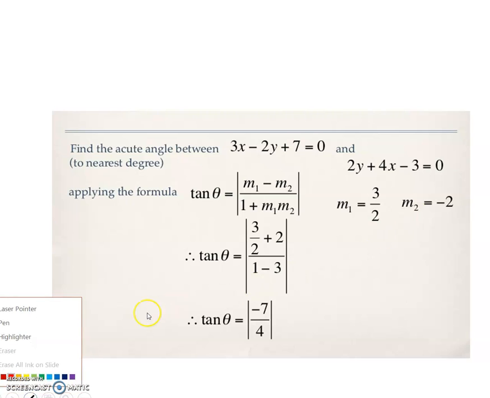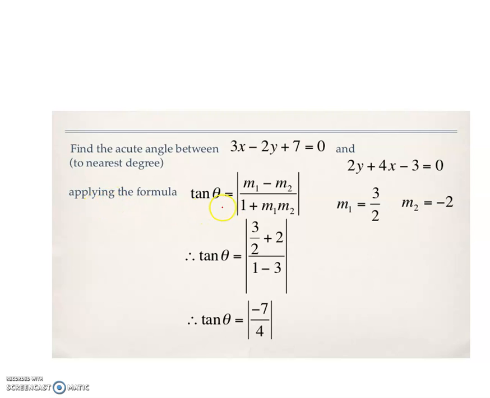Now m2 is derived from 2y plus 4x minus 3 is equal to 0, where m2 is equal to minus a upon b. That's why minus 4 upon 2, which is minus 2.